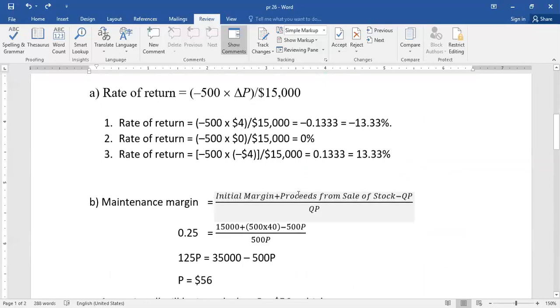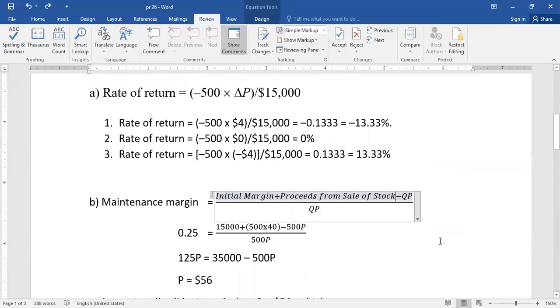How much is the proceeds from the sale? I'm selling 500 shares, $40 each. So 500 times 40. Okay? So that's 2,000. That's 20,000, sorry. So 500 times 40, that is 20,000. That is the proceeds from the sale of the stock to begin with.